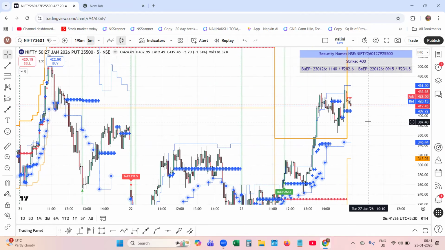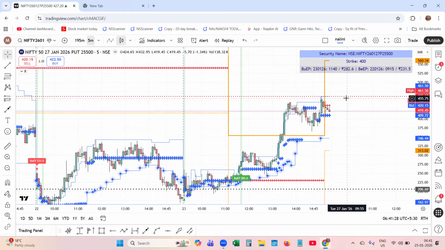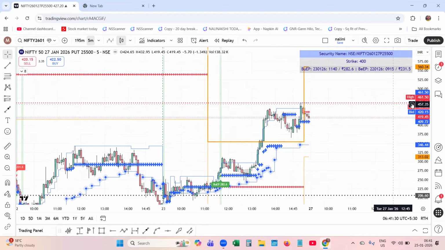When this is the boundary high and low, it marks high, ask and bid also. If I have enabled ask and bid, you will get to know what the ask is and what the bid is. This feature is available for everybody.